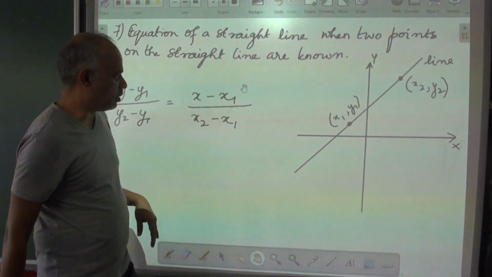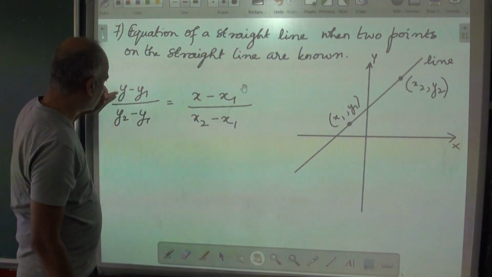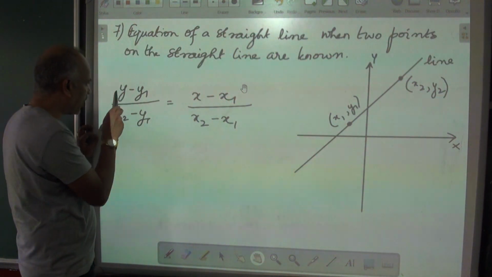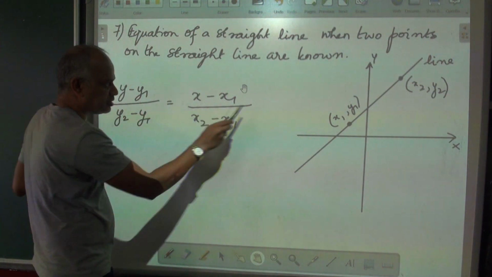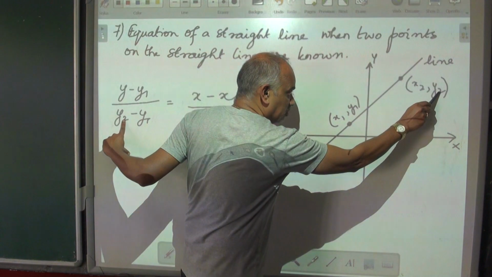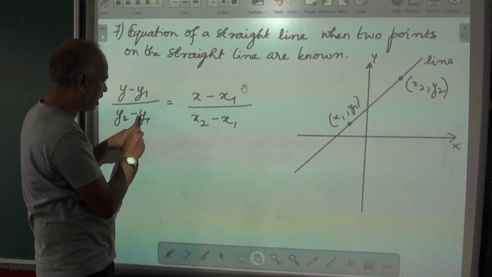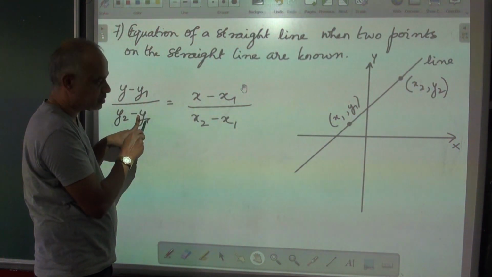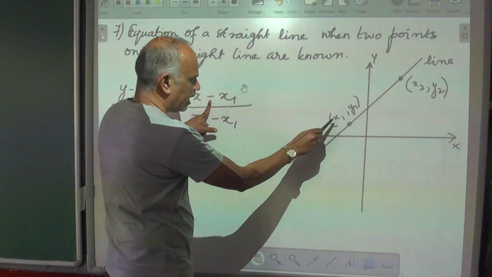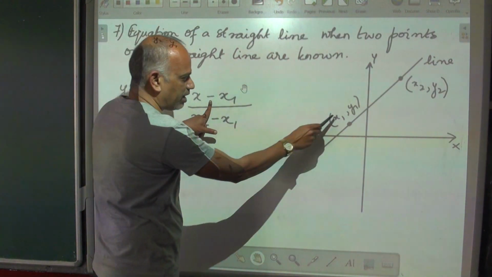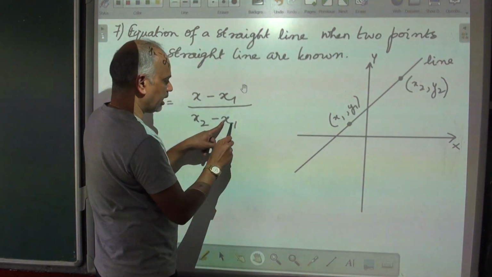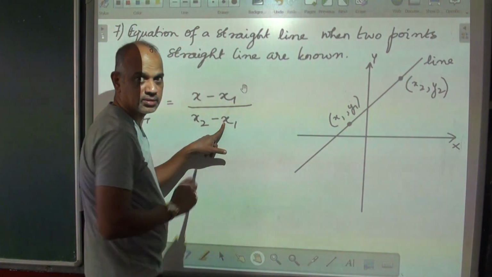So if 2 points are known, then the equation is given as y minus y1, first y value. This y will remain same. y1 is a number which you have to substitute, by y2 is this y value which you can substitute, minus again y1, same thing, is equal to x is unknown minus x1 is this value which you have to substitute, by x2 is this value and x1 is this value.